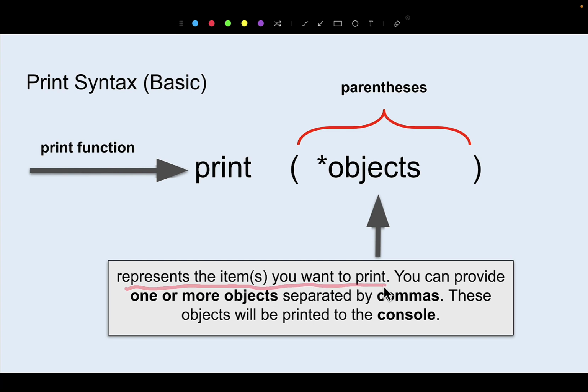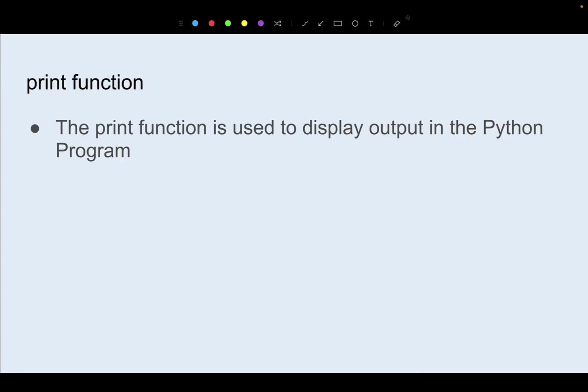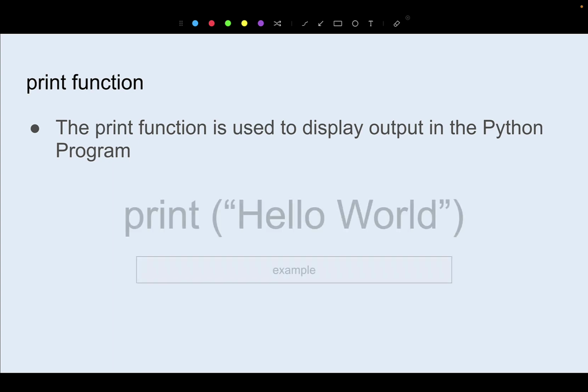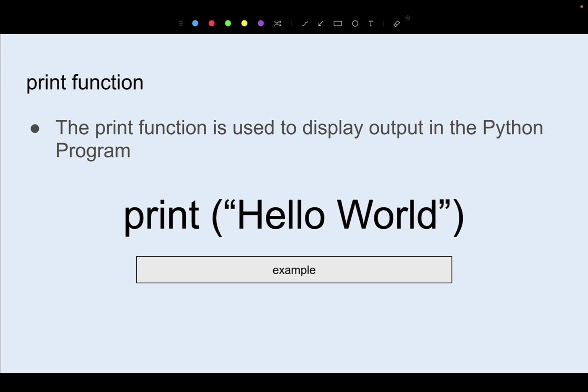Provide one or more objects separated by commas initially. These objects will then be printed to the console, console simply meaning that it is printed to the screen. So the print function is utilized to output from the Python program. And here is a sample: print hello world.